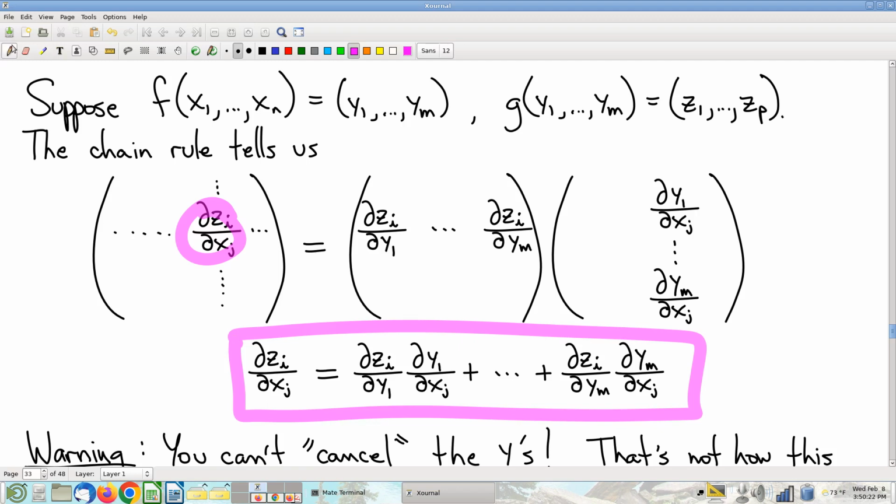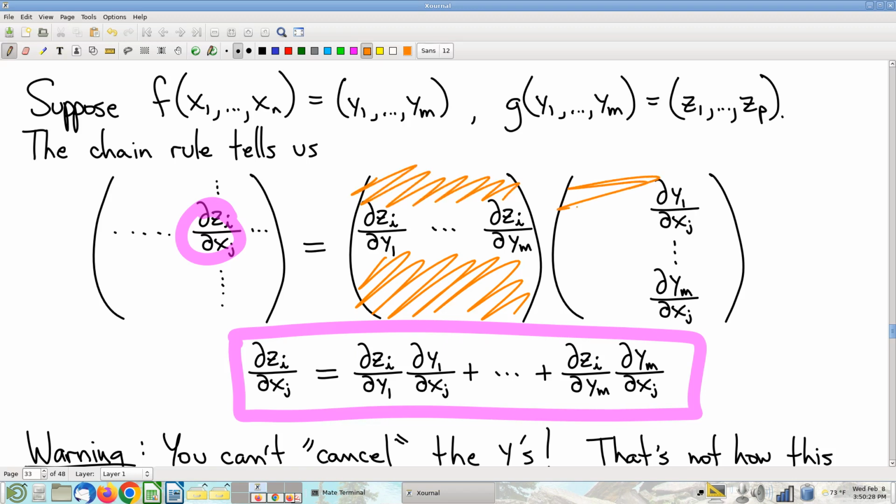You notice we didn't use any of this junk down here or up there. None of that got used. All that would have been a waste of time. So this formula in purple down here allows us to streamline the process a little bit. Now again, pros and cons. If you want to compute just that one entry, great.